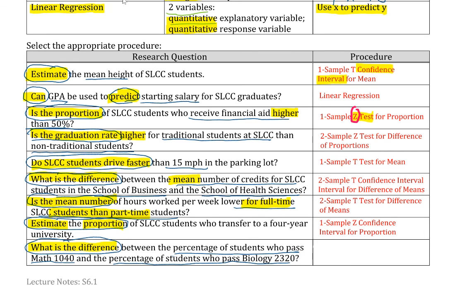And we're being asked to estimate this difference between the percentage of students who pass 1040 and the percentage that pass Biology 2320. These percentages are proportions. And so we're looking at estimating the difference between two proportions. So we would use a two-sample z confidence interval for the difference of proportions.